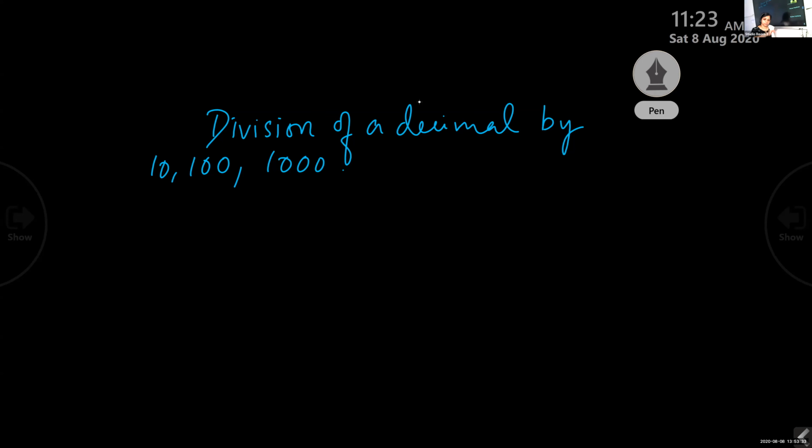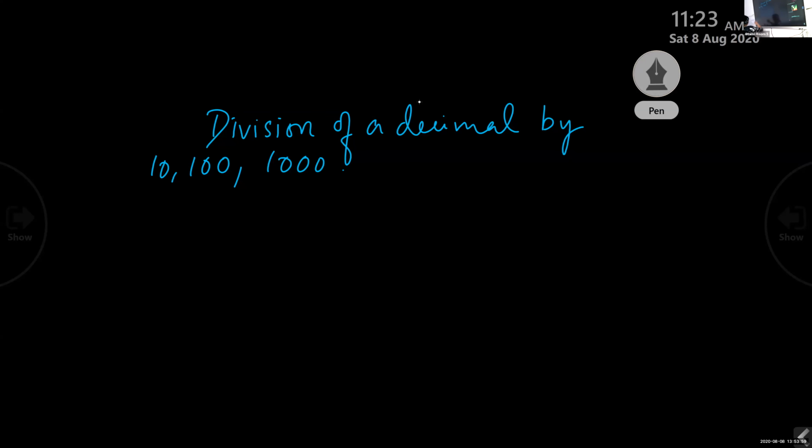Into 100 means shifted by 2 digits. Then 1000 means we shifted to the right by 3 digits. In the same way, in division, instead of shifting to the right, you shift it to the left. Clear? That's the difference. For example.